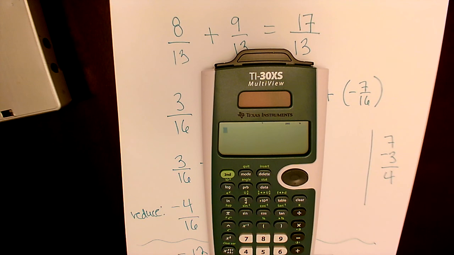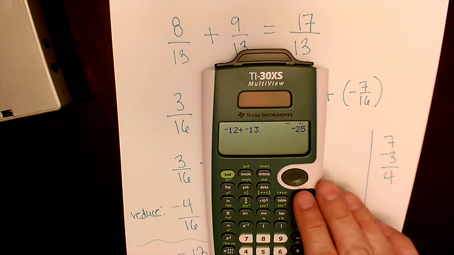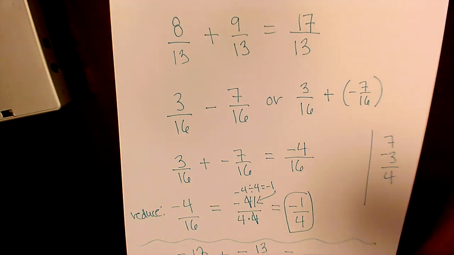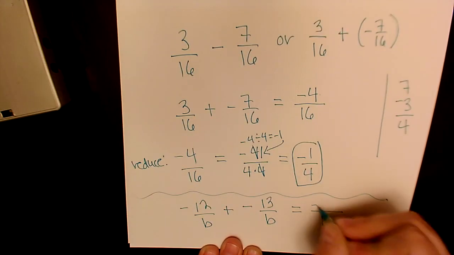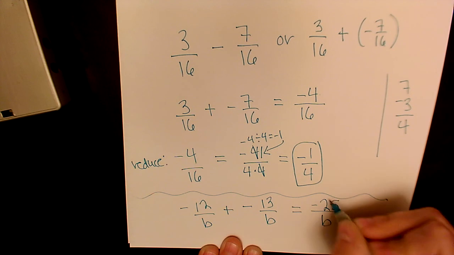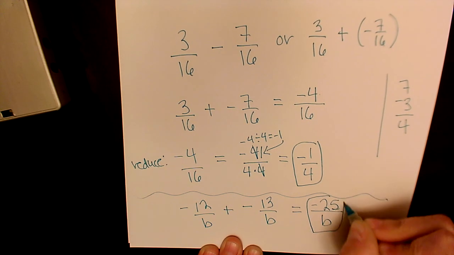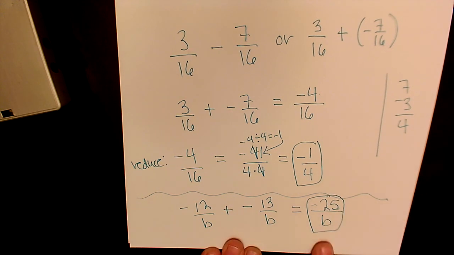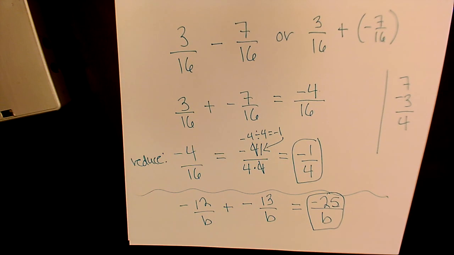Negative 12 plus negative 13 is negative 25. So I'm just adding them together. So I get a negative 25 over b. And that's my final answer.